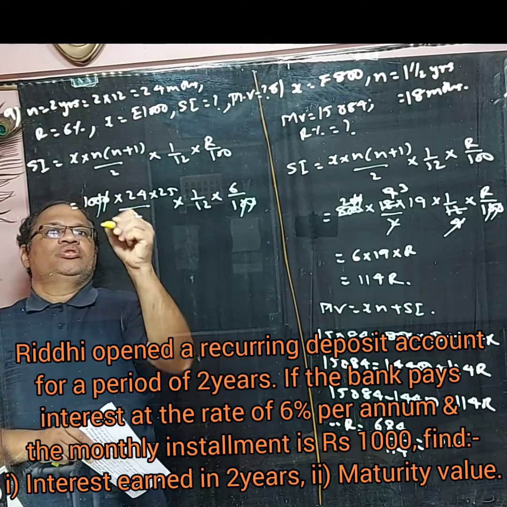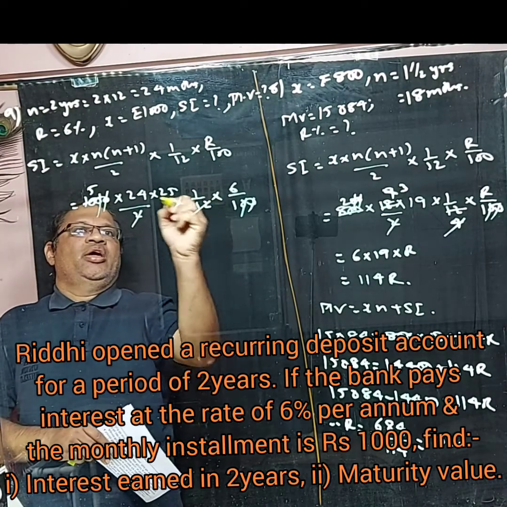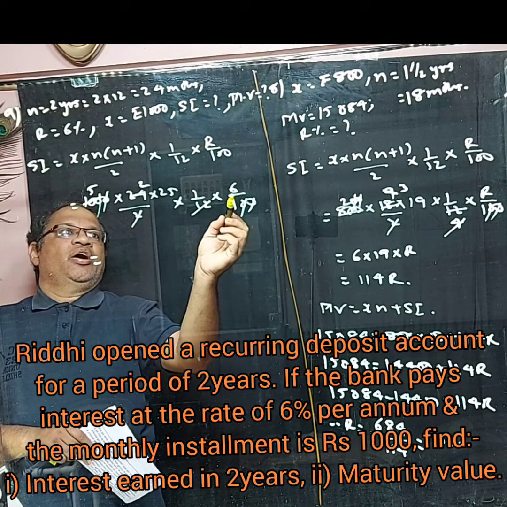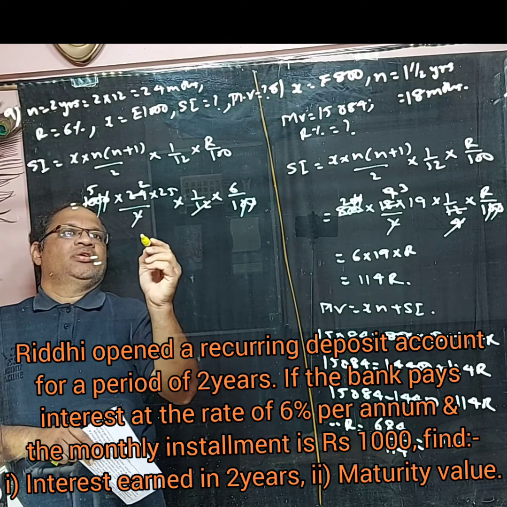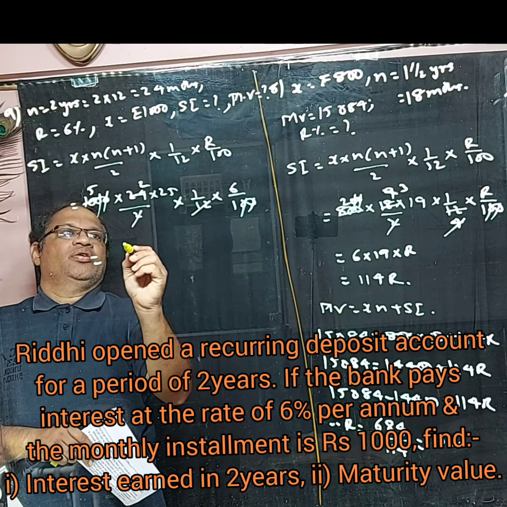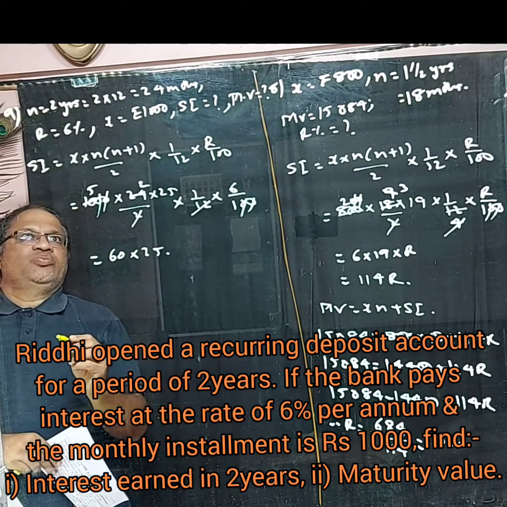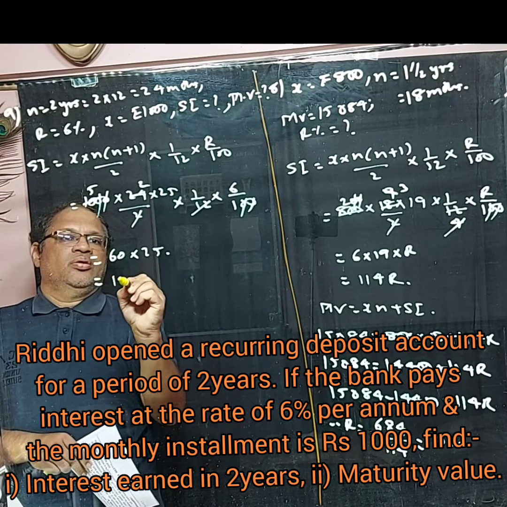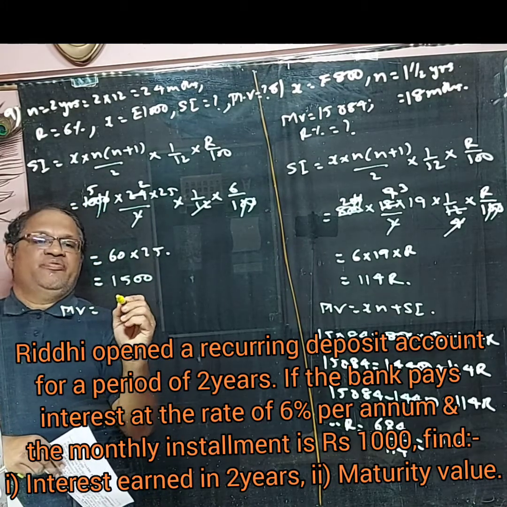Cancel the 2 zeros. 2 5s are 10, 12 2s are 24. It comes to 1500. So use the second formula.